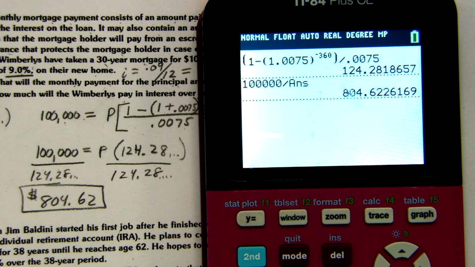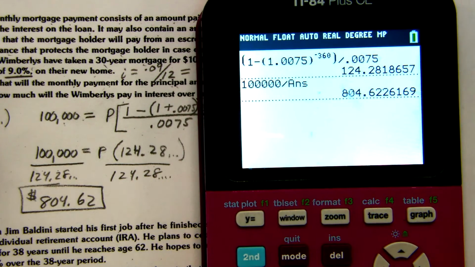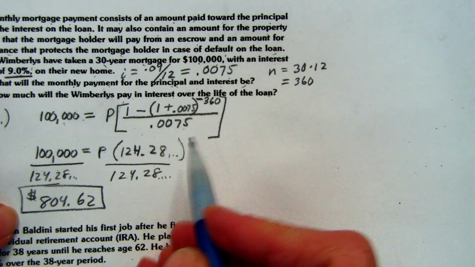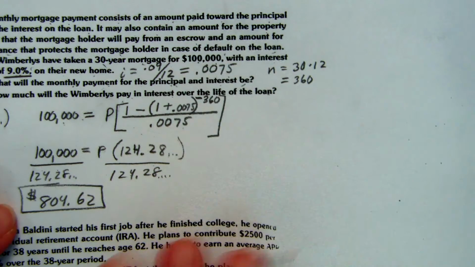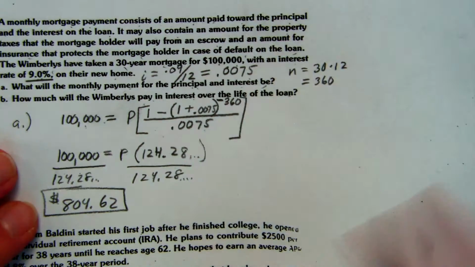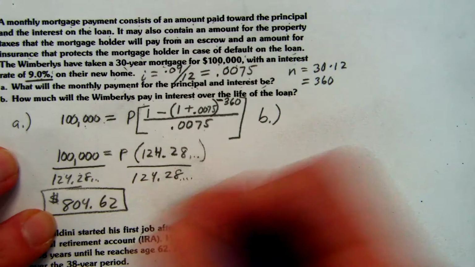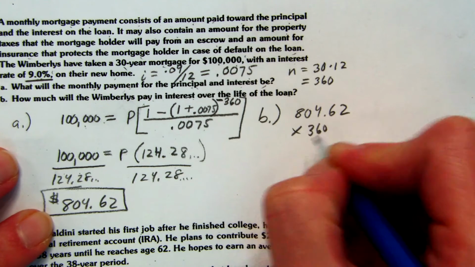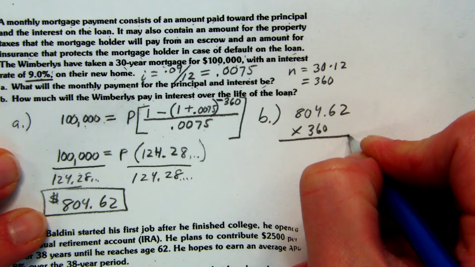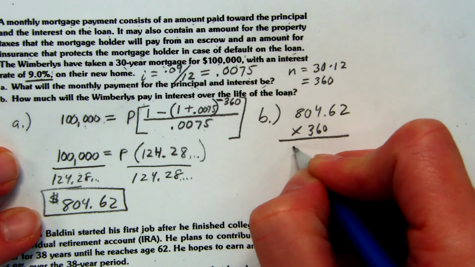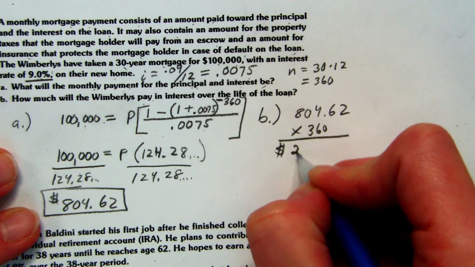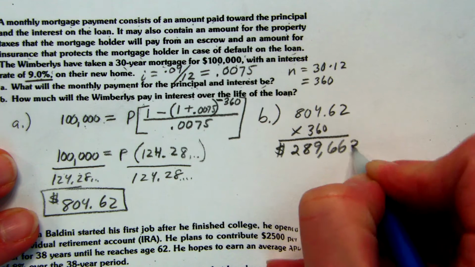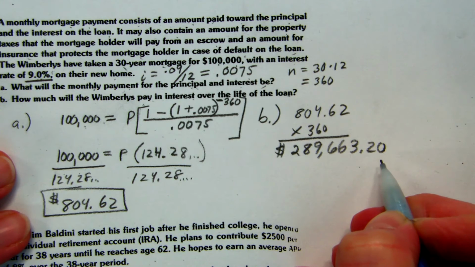And then on part B, it asks, how much will the Wimberleys pay in interest over the life of the loan? So what you do is you want to figure out how much they're actually going to pay. So they're going to make this payment 360 times. So if you multiply that on your calculator, you find out that they are actually going to pay $289,663.20 over those 30 years.